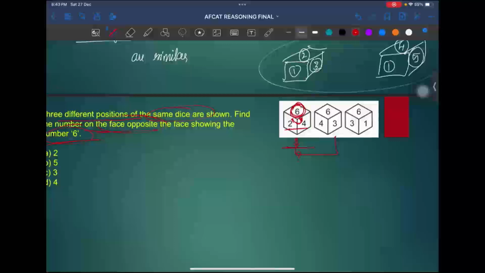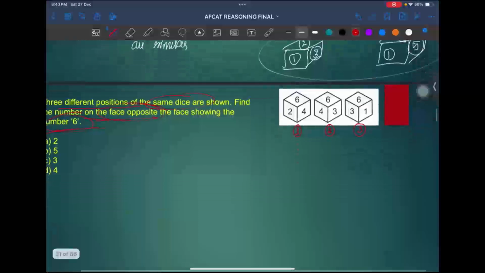Okay, if I consider first dice, second die and third die, when I start comparing between first and second die, I just need to identify only one common number. So when I compare first and second dice, the common number is 6.